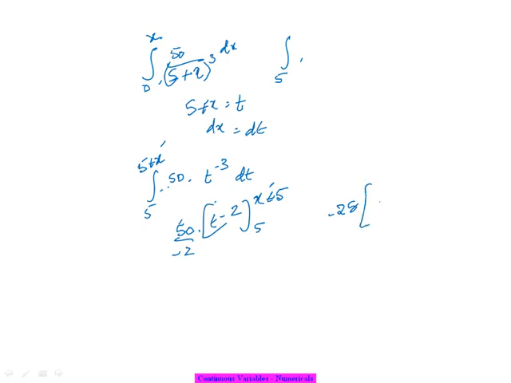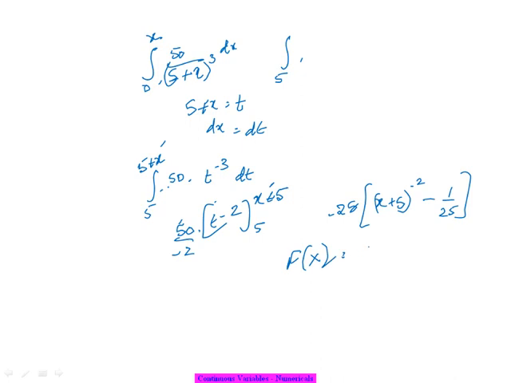Okay, and here what is it? X plus 5 to the power minus 2. Correct? Minus 5 to the power of minus 2, which is 1 by 25. This is what is my integration. This is what is f of x.